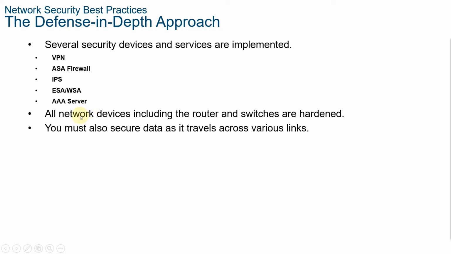All network devices, including the router and switches, are hardened, which means that they have been secured to prevent threat actors from gaining access and tampering with the devices. Next, you must secure the data as it travels across various links. This may include internal traffic, but it is more important to protect the data that travels outside of the organization to branch sites, telecommuter sites, and partner sites.